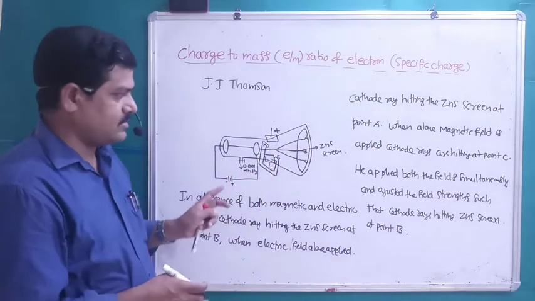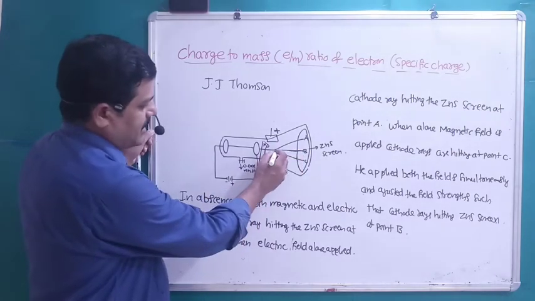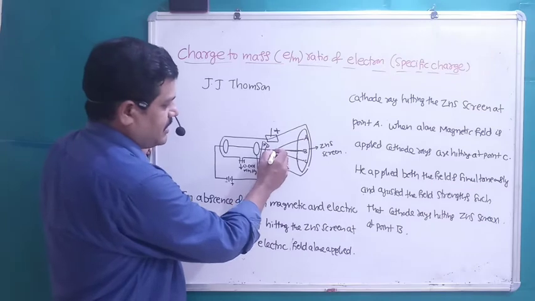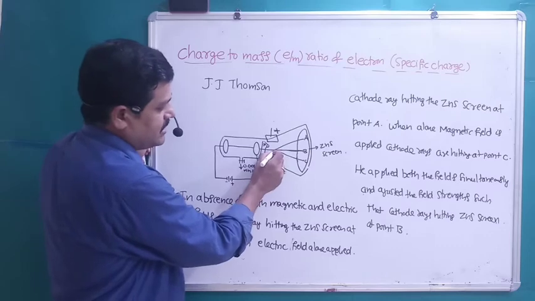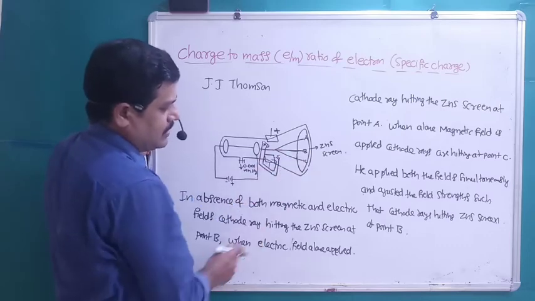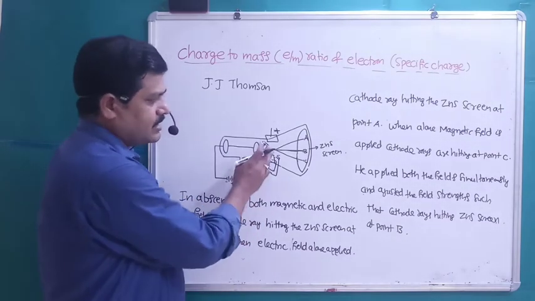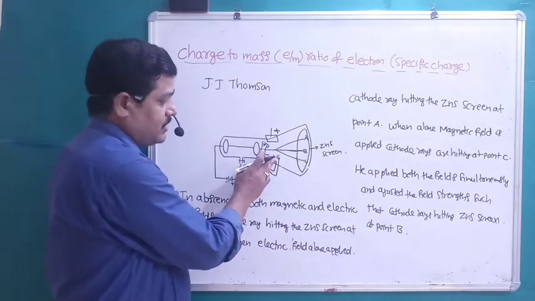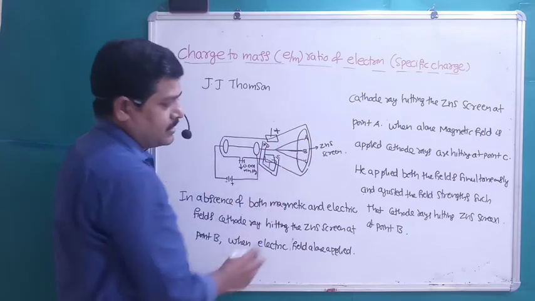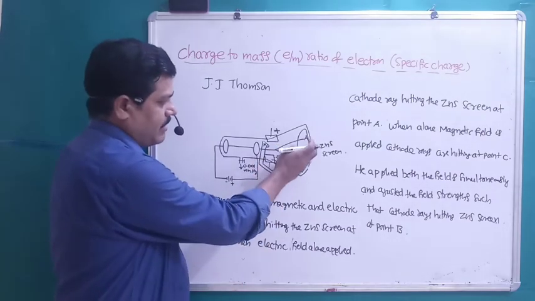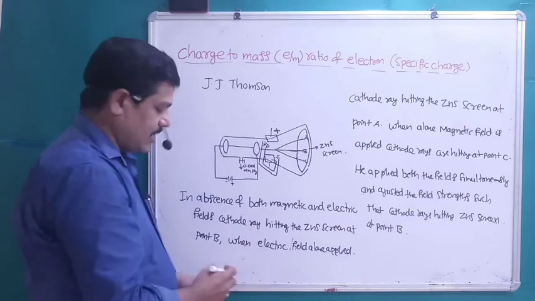When the electric field alone is applied, they hit at point A. When the magnetic field alone is applied, they hit at point C. And when both the fields are applied simultaneously, perpendicular to each other, he adjusted the field strengths of electric and magnetic fields such that the cathode ray hits at point B. And then by equating the magnetic field strength and electric field strength, he calculated the e by m value.